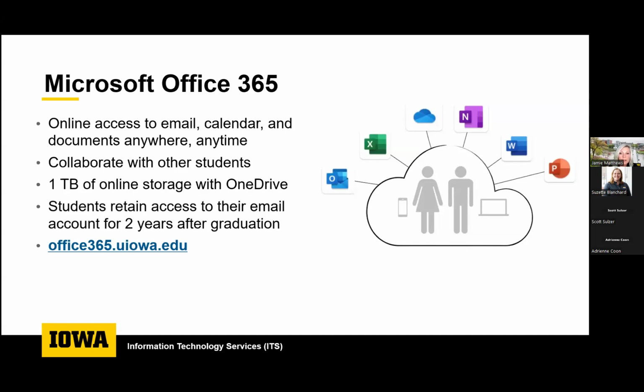Students will be using this their entire college career. So we want to make sure that they understand they should be going out to office365.uiowa.edu. They should be doing that right now. They are responsible for checking their university email. So we want to make sure that they are getting logged in to Office 365 right now.